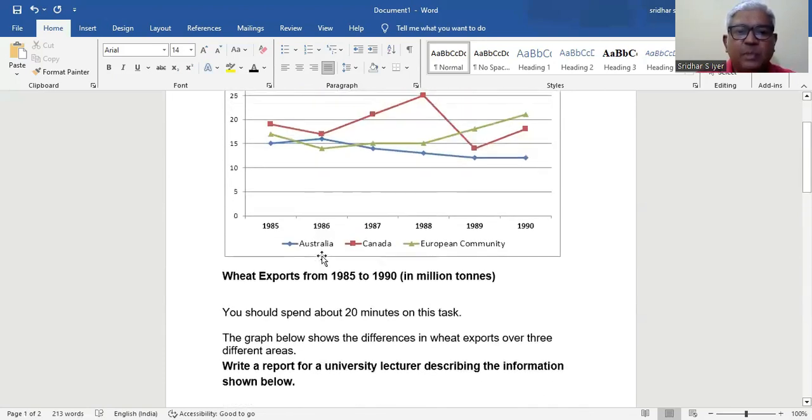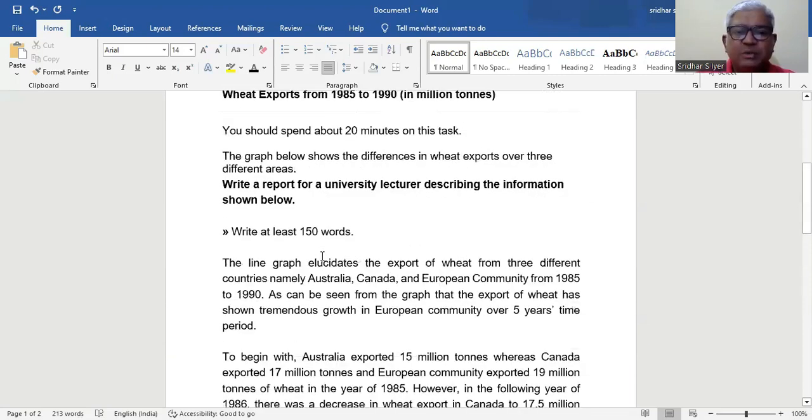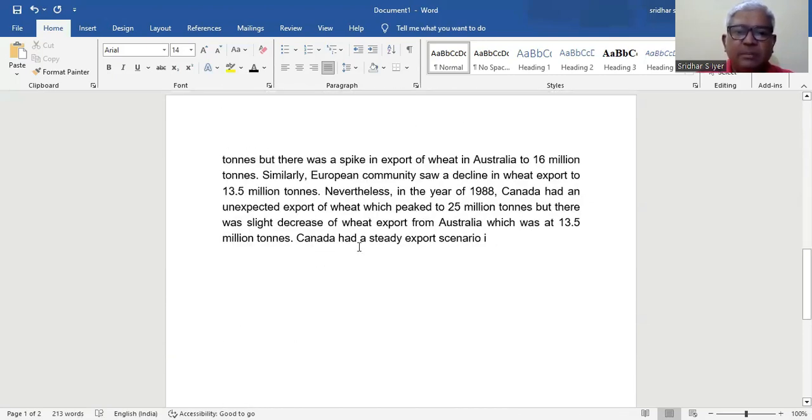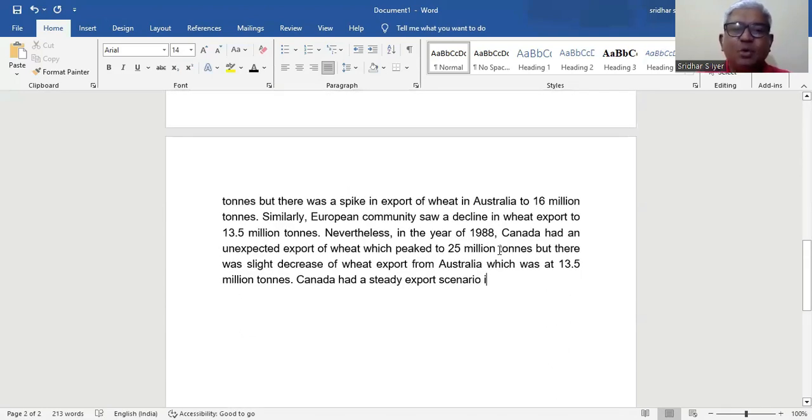I guess Australia, Canada, I think we are mixed up a bit here. We have to change it anyway. Let's do a proofreading. When we do the proofreading, it will be better off, because in the red, blue, green is where I'm getting confused. Anyway, we'll do a proofreading once again.